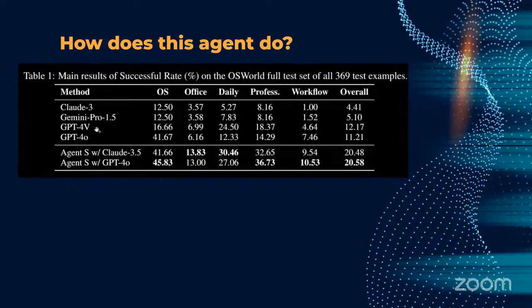This is comparing the raw use of the straight multimodal LLMs to Agent S with these two different types. And we can see that the overall accuracy across different tasks is actually a substantial bump between Agent S and just using the OS World default. Especially when you start looking at daily tasks and OS tasks, it does quite well. Even if workflow and Office, it seems to struggle with.